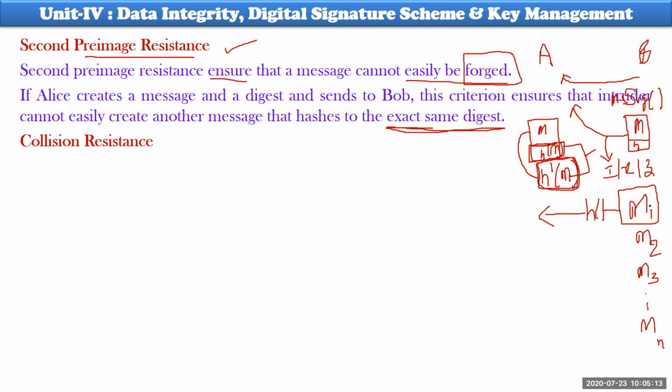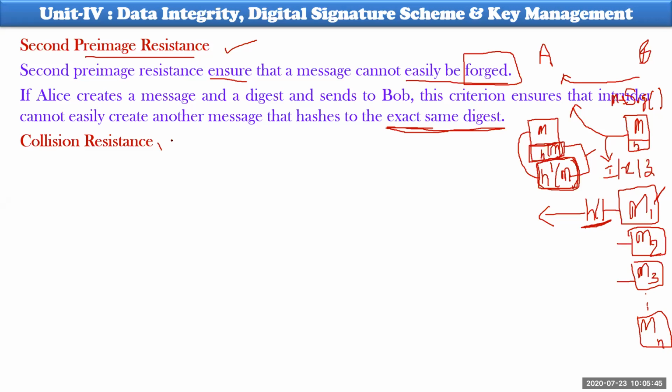The hash obtained for message 1 cannot be equal to the hash of the second message, or the third message, or message N. Each is an individual message, and the hashings of these different messages cannot be the same. The signatures cannot be the same.